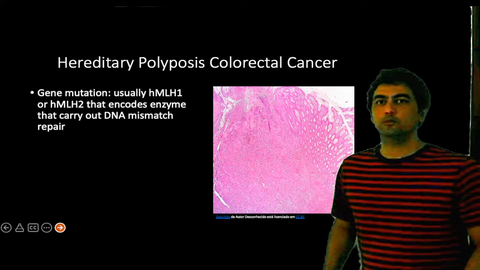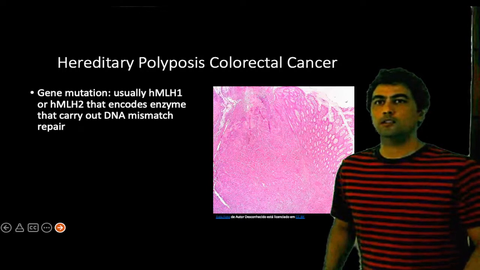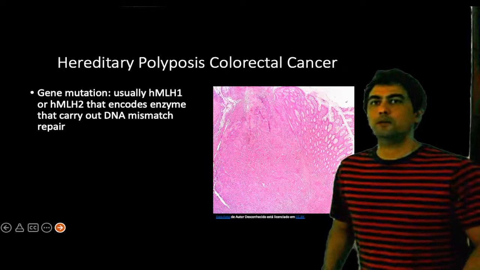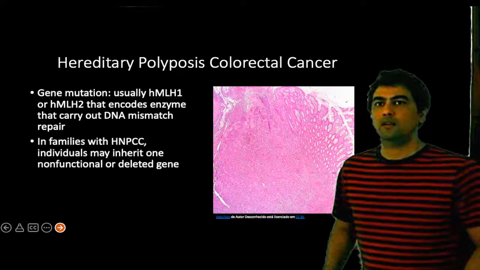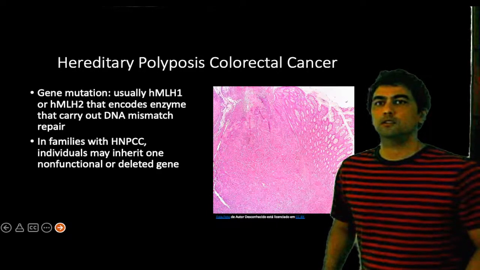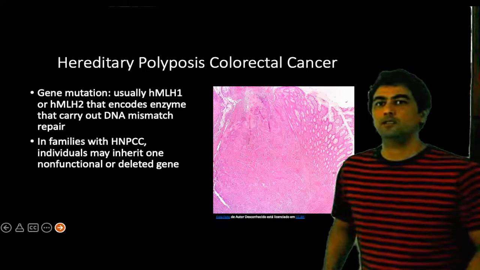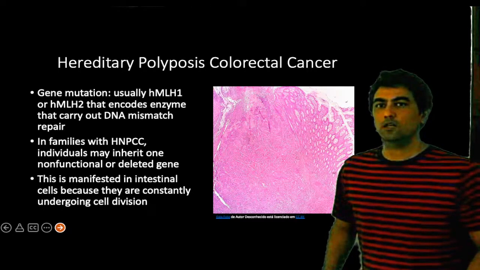The gene mutation is usually in MLH1 or MSH2, which encode enzymes that carry out DNA mismatch repair. In families with this carcinoma, individuals may inherit one non-functional or deleted gene. This is manifested in intestinal cells because they are constantly undergoing cell division.